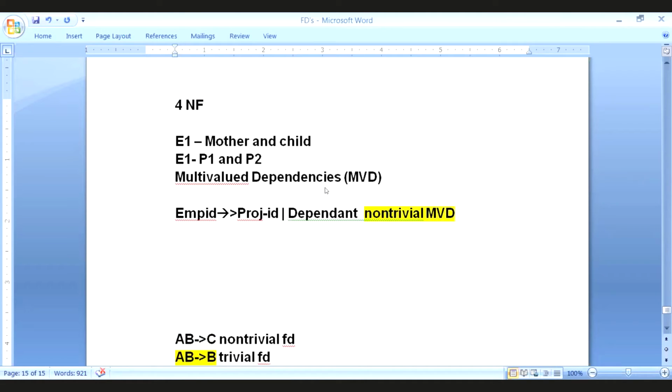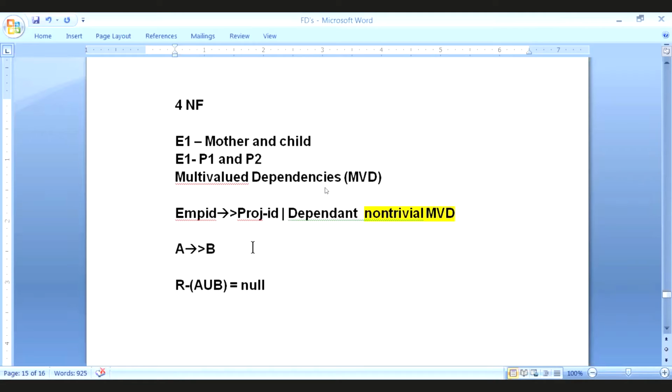A trivial MVD is a scenario where A multi-determines B, and R minus A union B is equal to null.